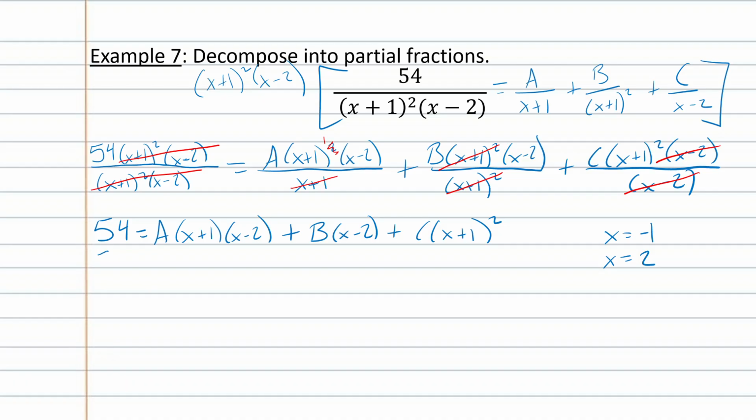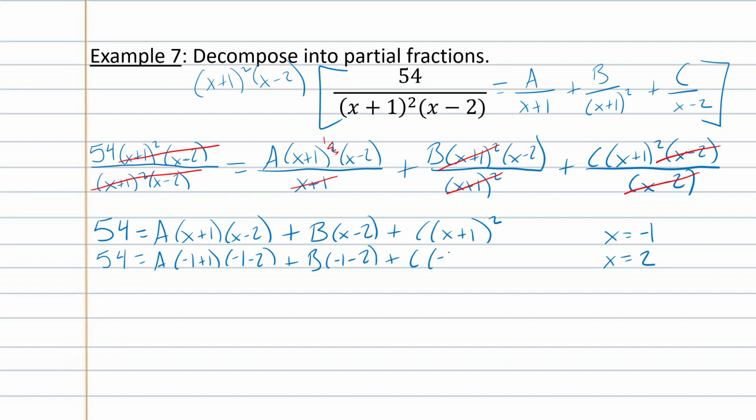If I let x equal negative 1, I'm looking at 54 equals a times negative 1 plus 1. So my a value is going to cancel out right there. And then b times negative 1 minus 2. Hopefully you're working along with me.